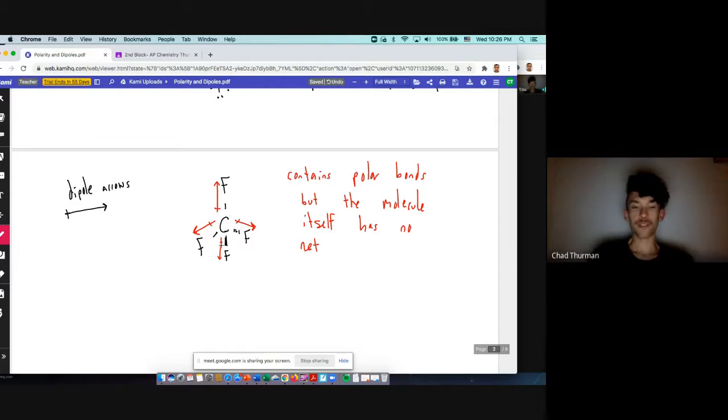There's nothing left over if I add these arrows together. They cancel each other out. So the molecule itself has no net dipole moment. That's just a fancy way of saying that the dipole arrows all cancel. Therefore, it's a nonpolar molecule.